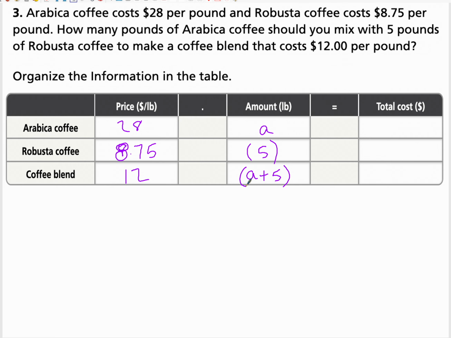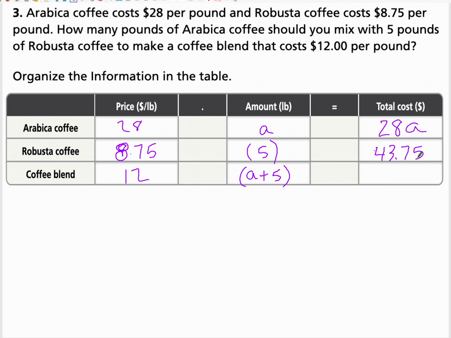All right. So this again is 28A. My bad, I can't read my own handwriting. 28A is what that is. And then 8.75 times 5 is 43.75.